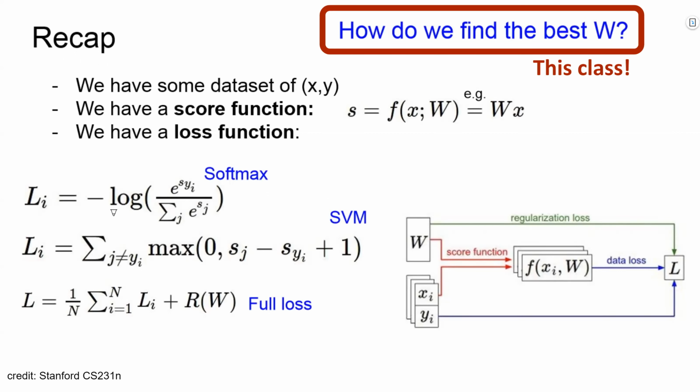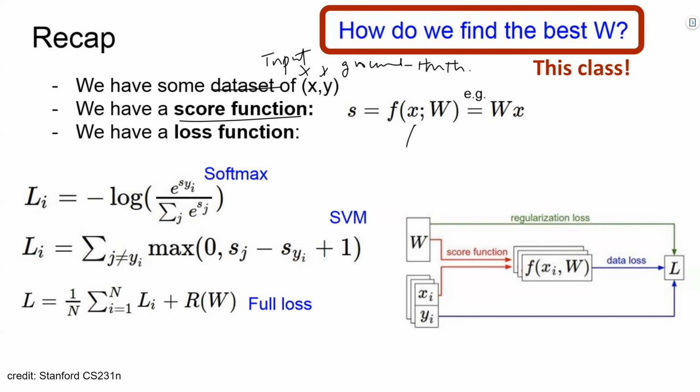This is what we talked about in the last session. We have some data set consisting of X and Y. X is the input, and Y is the expected output. In other words, we sometimes call this value ground truth. And we came up with the concept of score function.